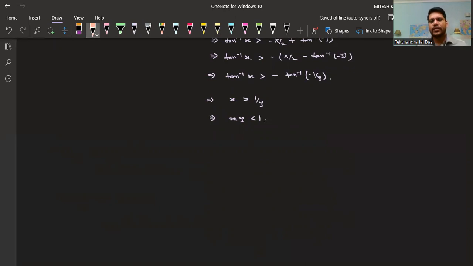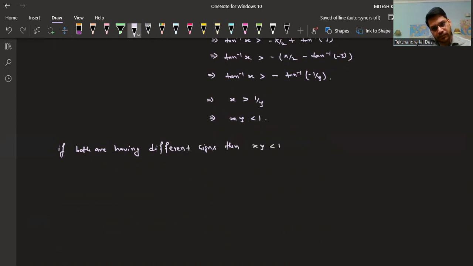Clearly, if x and y have different signs, then x into y less than 1 is obvious, because it will be negative.